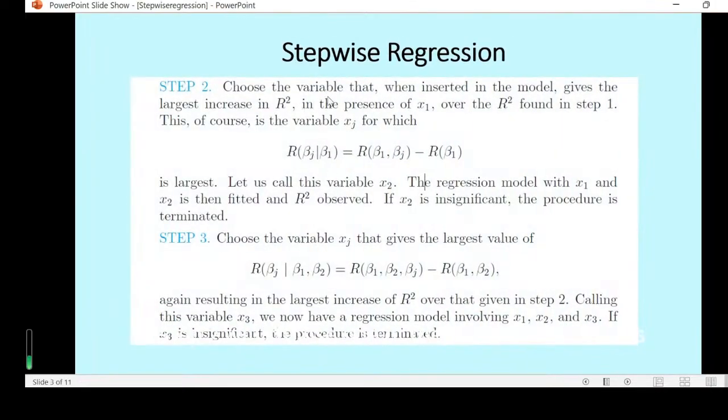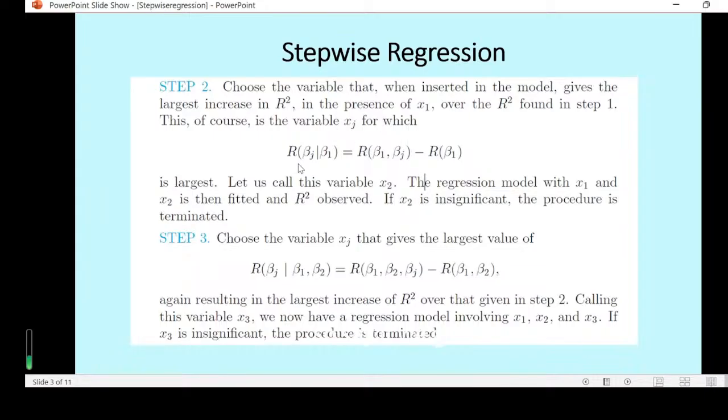Step 2 will choose one of the rest of the variables given x1 is in the model. We will calculate several models which include xj, where xj is any of the rest of the variables except x1.